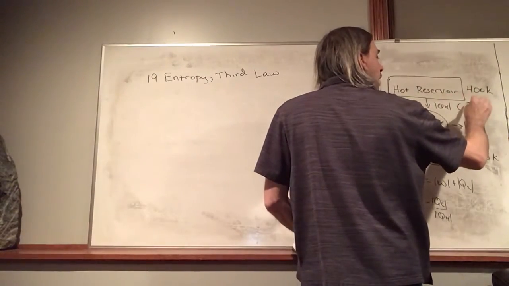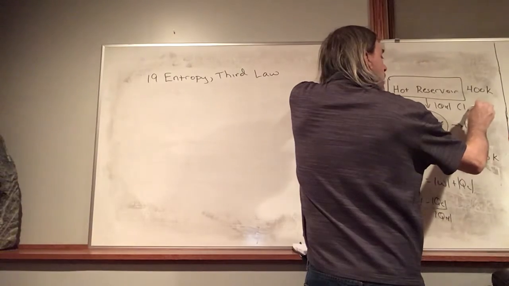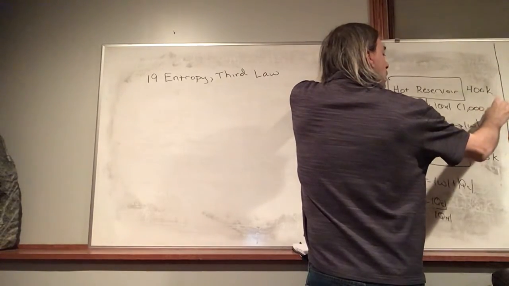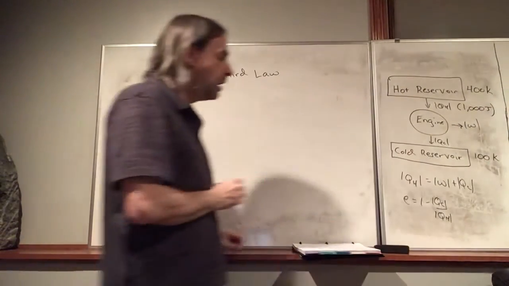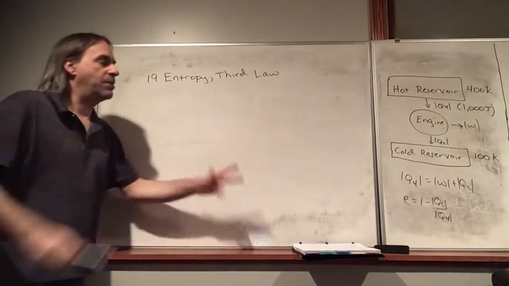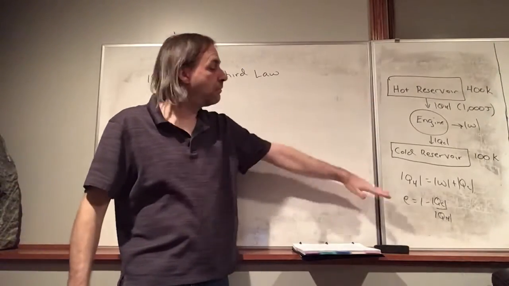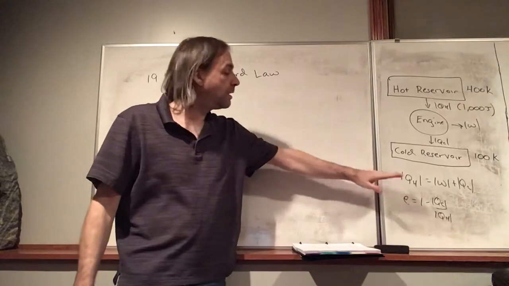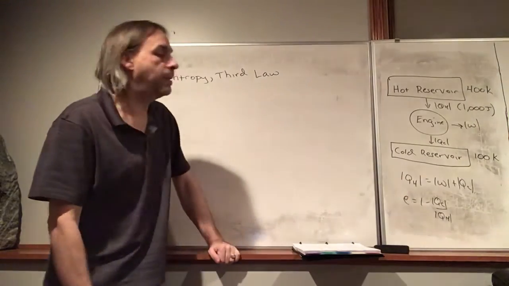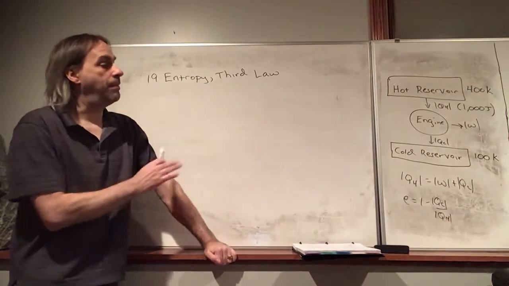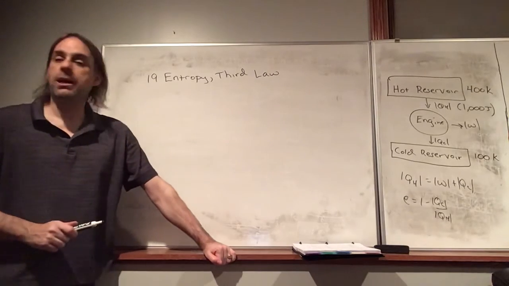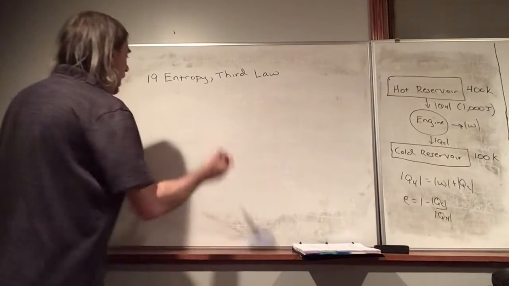So QH is 1,000 joules. And just in general for an engine, the first law of thermodynamics and the efficiency of the engine. Okay, so we're going to start out by looking at a Carnot engine.